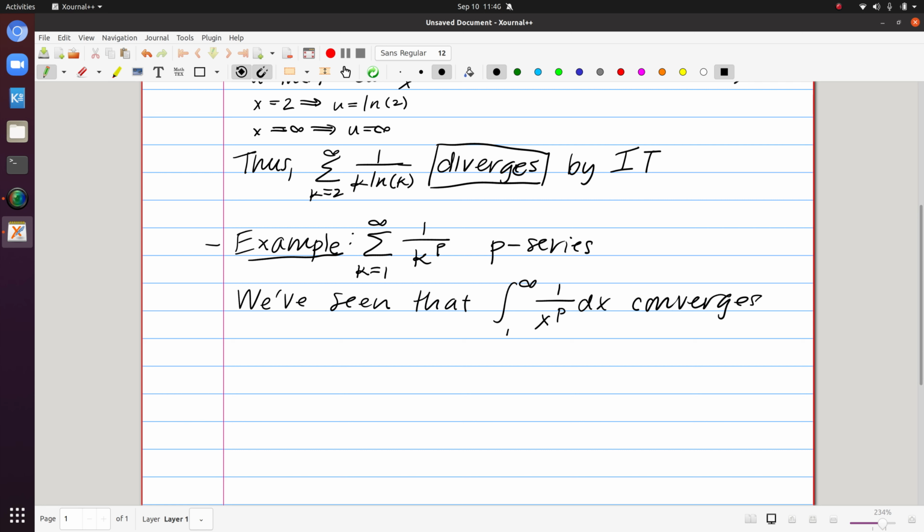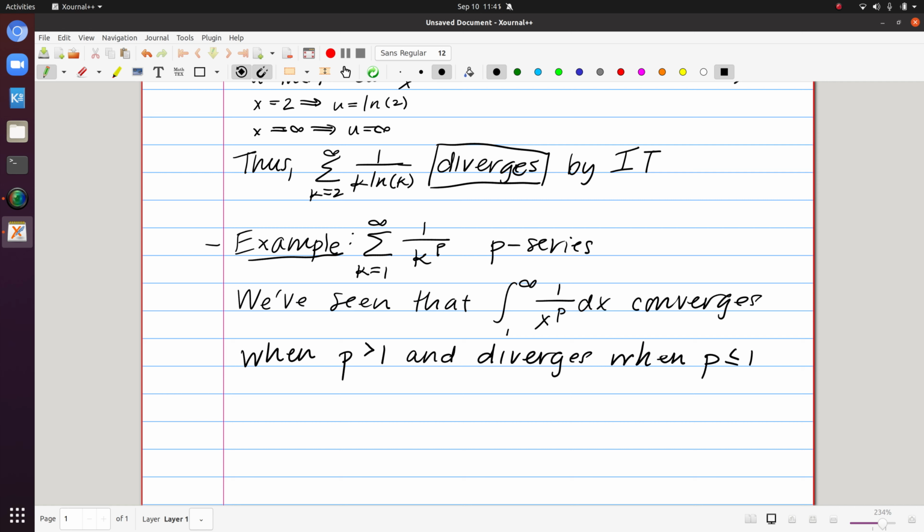when p is, sorry, strictly greater than 1, and diverges when p is less than or equal to 1. We're going to be able to use that conclusion to say something about these series. Now we have to be a little bit careful here.